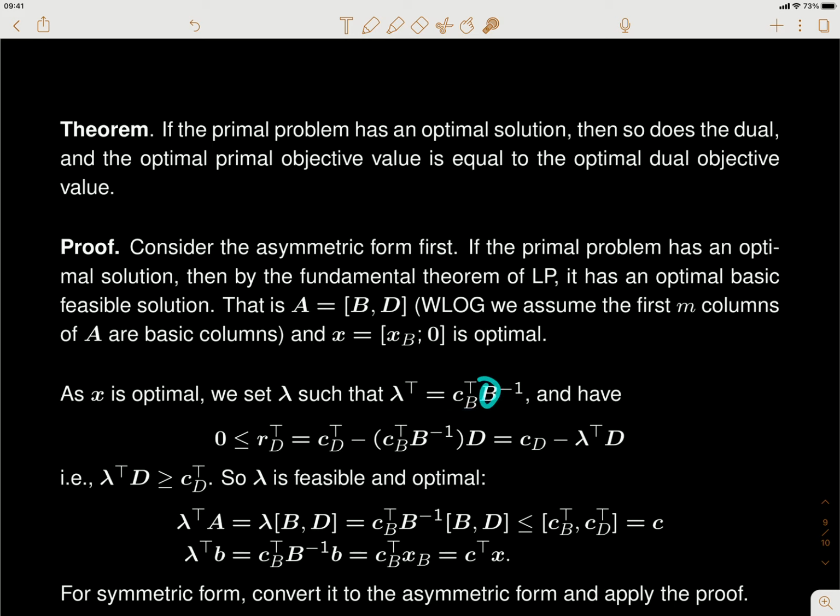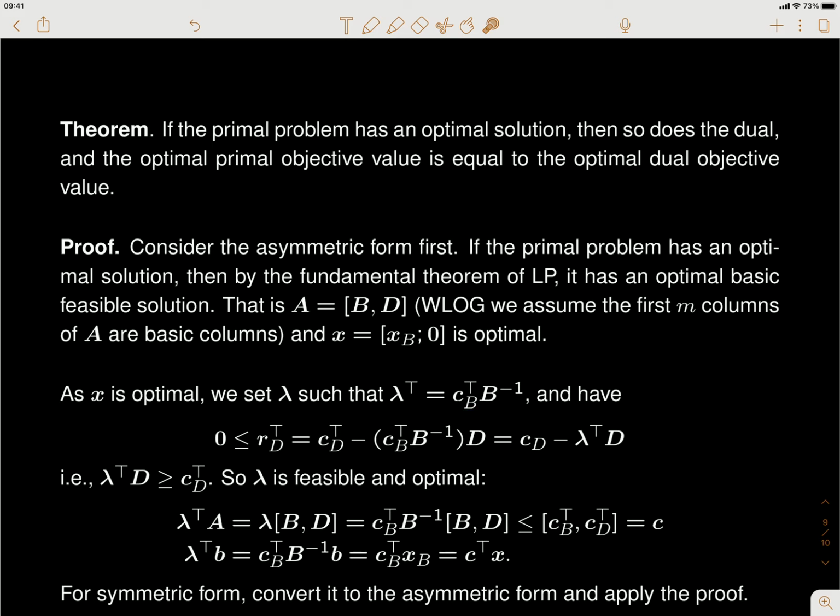Remember that we have the C vector, and it has the C_B part and also the C_D part. The first m components of the vector C are the C_B, and the remaining n minus m components are called the C_D.